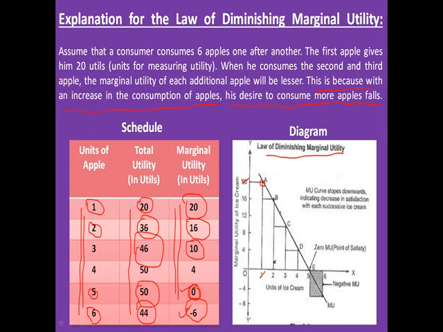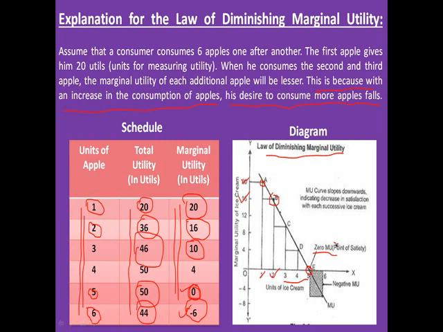For the second unit of consumption, the consumer is deriving satisfaction less than 20, now it is 16. So this is point B. In that way, as you increase consumption from 3, 4 and to 5, at the fifth unit of consumption the consumer is not attaining any satisfaction. So here the marginal utility derived from the fifth unit is 0.